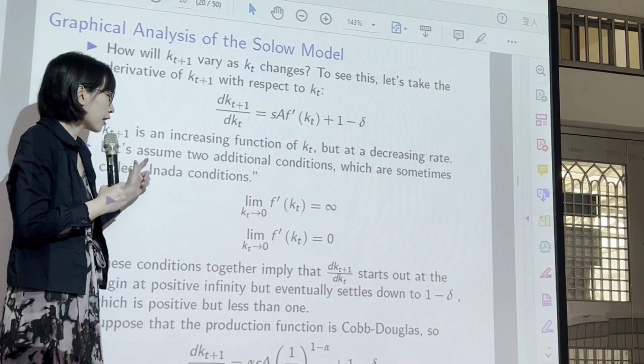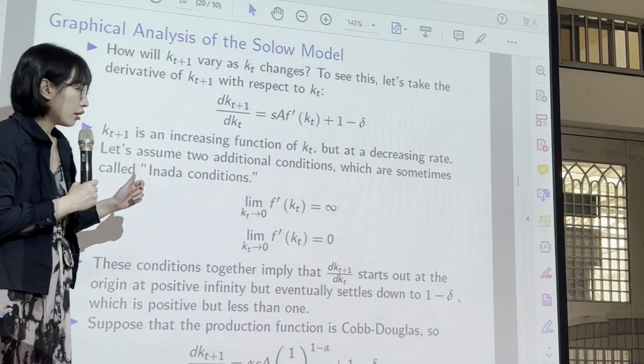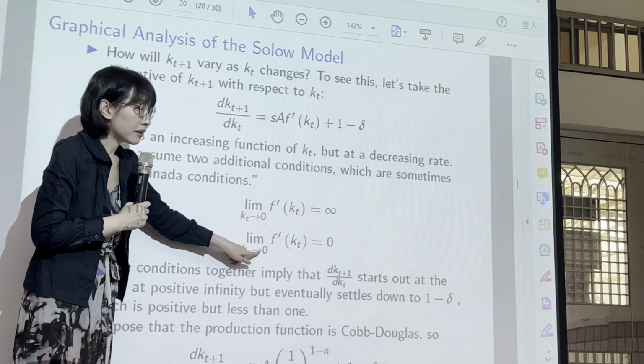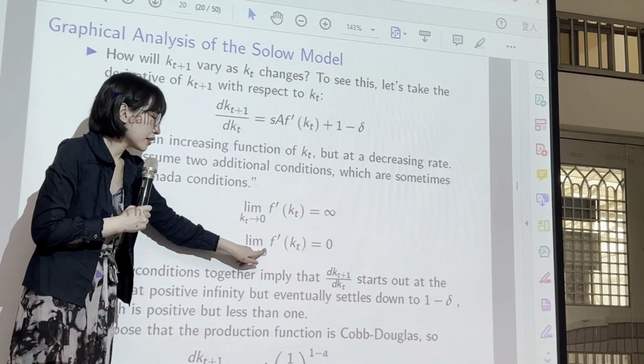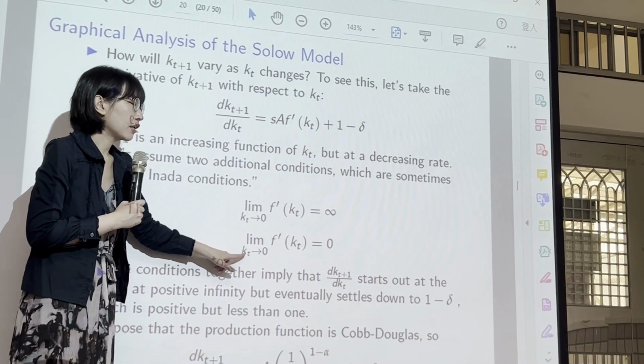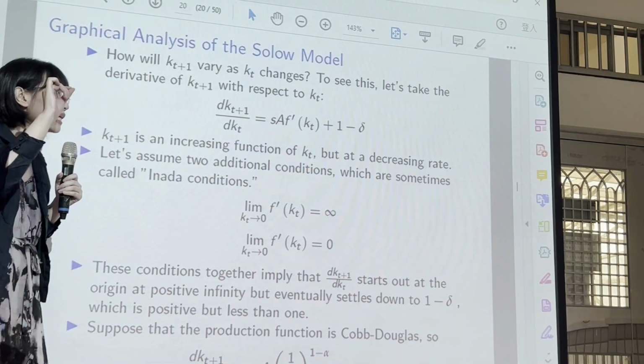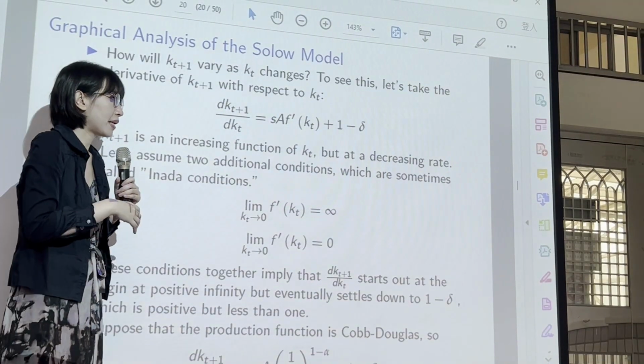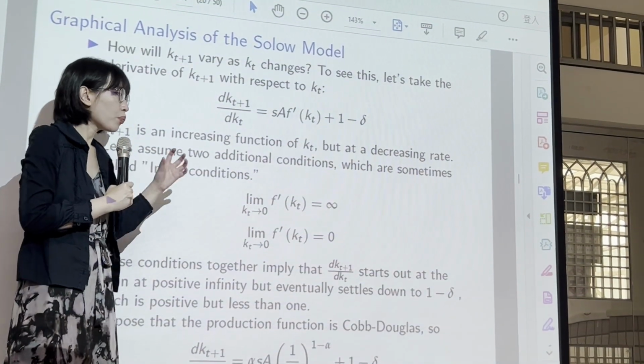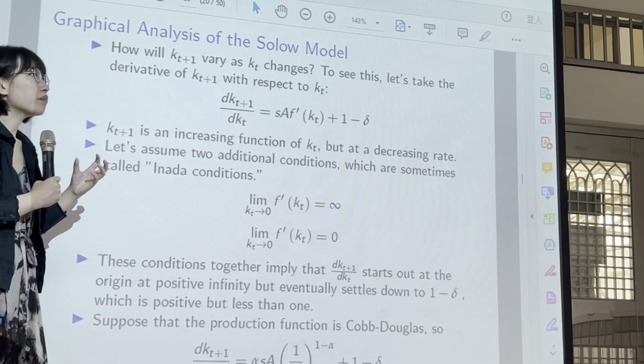The other condition says that, sorry, I made a typo here. This is not 0. This should be infinity, okay? If k is really large, then we should observe that F1, the marginal product of capital, should be close to 0, all right?